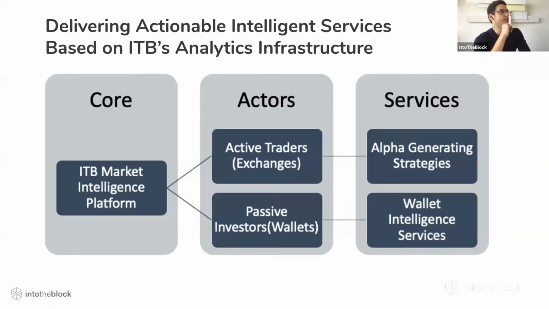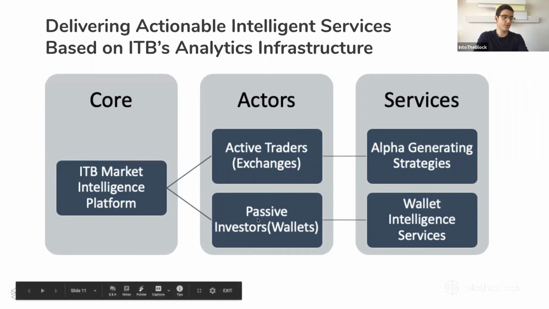In terms of delivering actionable intelligence services, the way we approach it is that there's our core market intelligence, then there's two main types of actors in cryptocurrency trading, at least, and portfolios. Those are exchanges, if you essentially trust them to have your tokens and hold your private keys.